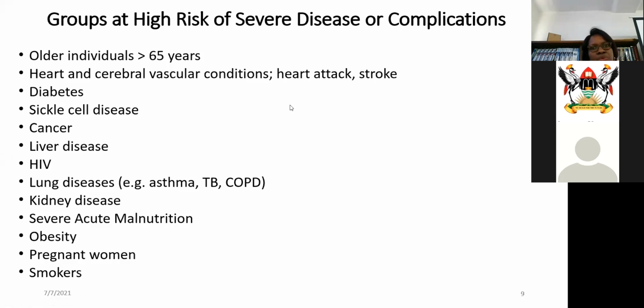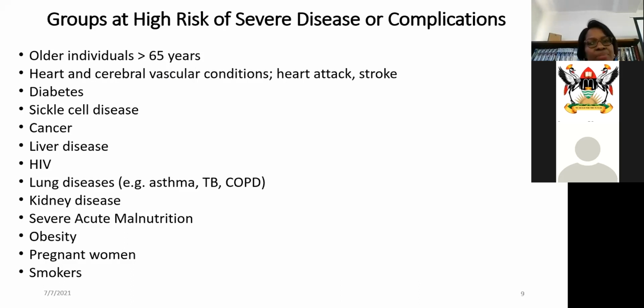What puts individuals at high risk for severe disease has been shown to be some of these factors here on the slide. Older individuals above 65 years of age, and patients with underlying comorbidities, including heart and cerebrovascular conditions, for example, those who have had a previous heart attack or a stroke.